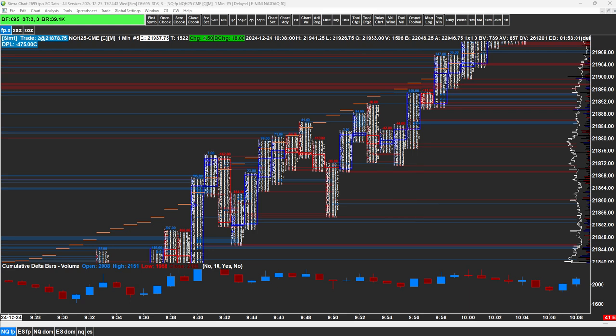So the sequence is aggressive delta, absorption, and then aggressive delta another way. Obviously, it's not going to look this clean, but that's the concept.